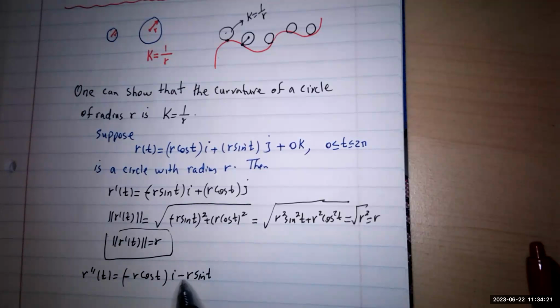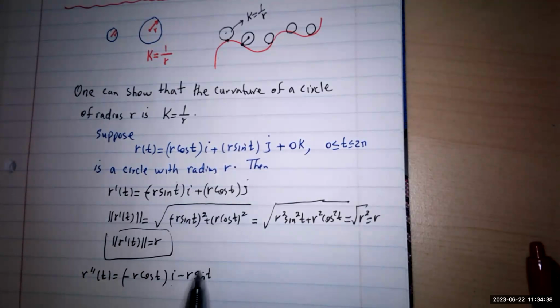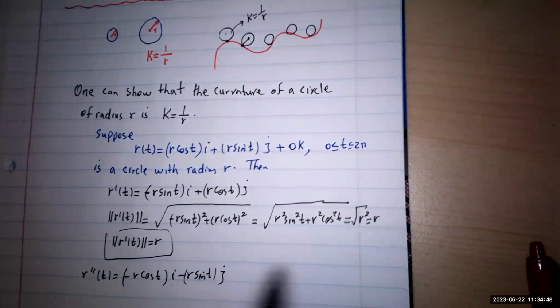Because the derivative of a sine is cosine, that's r prime, so that gives negative r cosine of t, and the derivative of a cosine is negative sine, that gives negative r sine of t times j.